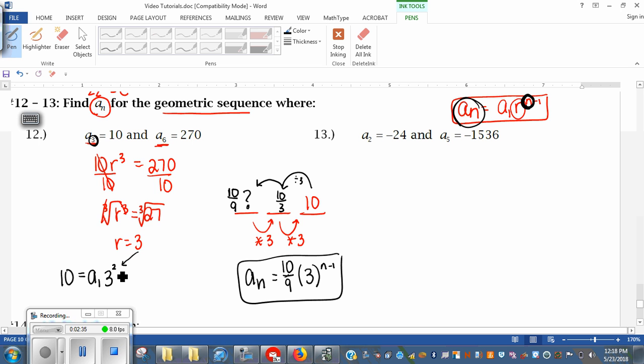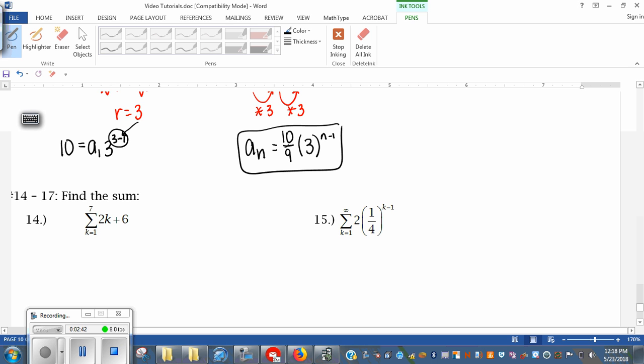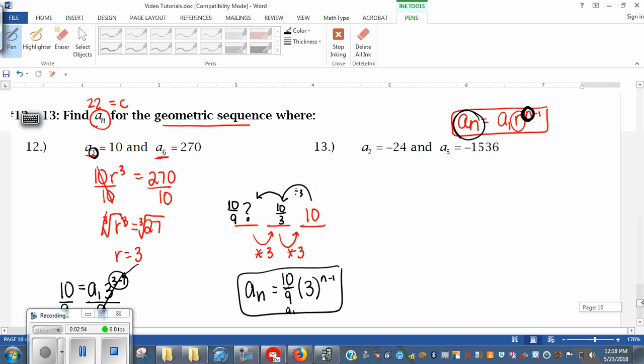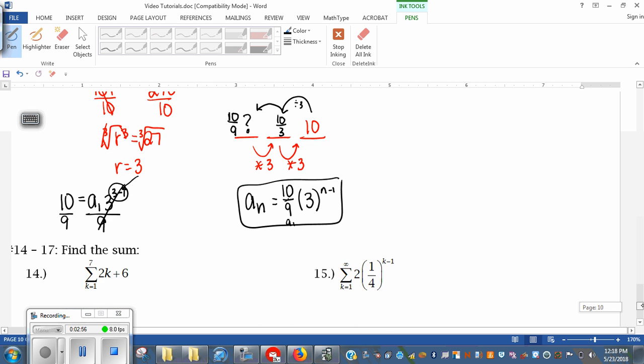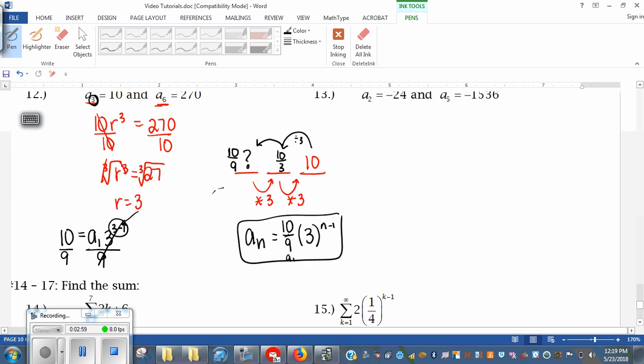So I'm saying 3 minus 1. 3 minus 1 is 2, so that's going to become 3 squared. And if I divide by 3 squared, which is 9, I get my first term is 10 over 9. So that's why 10 over 9 is filling in for the first term. So you can do that either way, whichever you're more comfortable with.